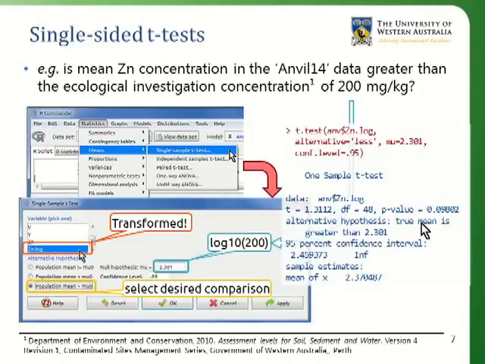And so we can't reject the null hypothesis at the 95% level, although we may be able to reject the null hypothesis at a 90% level of confidence if we're happy to be a little bit less precise. Just to note, we could also type this expression here, log 10 200, in the null hypothesis box, and it would then calculate it for us.